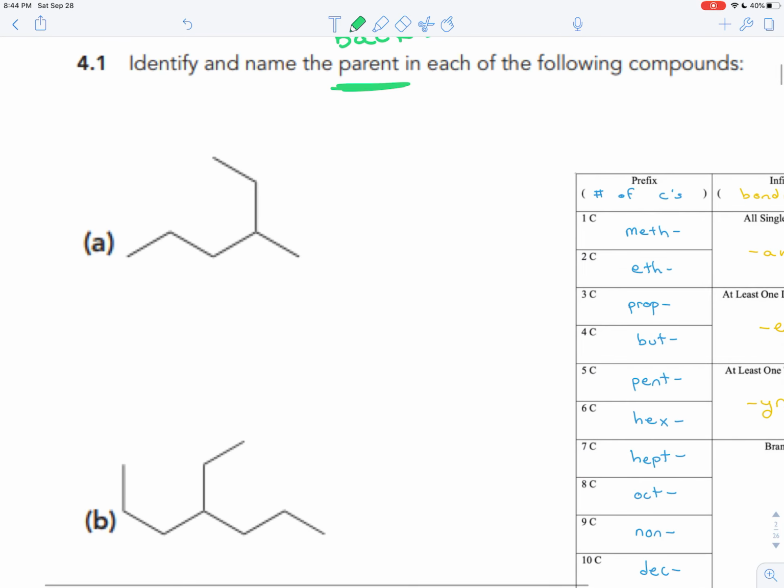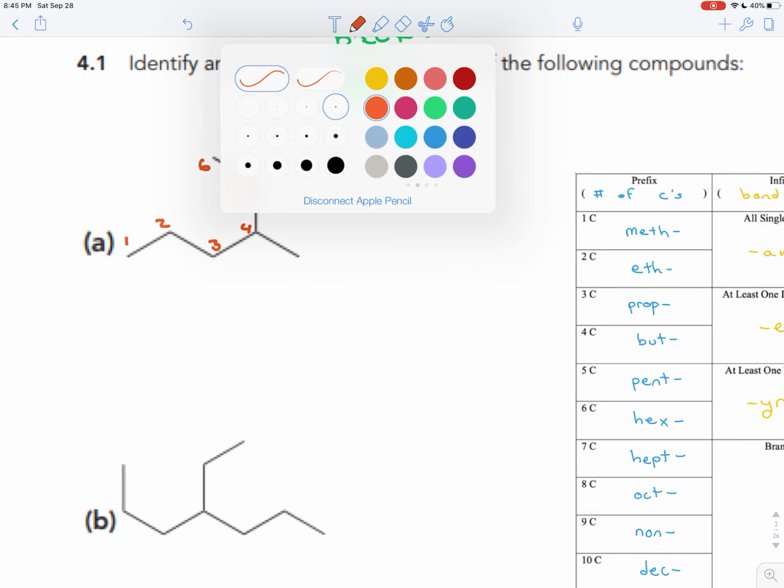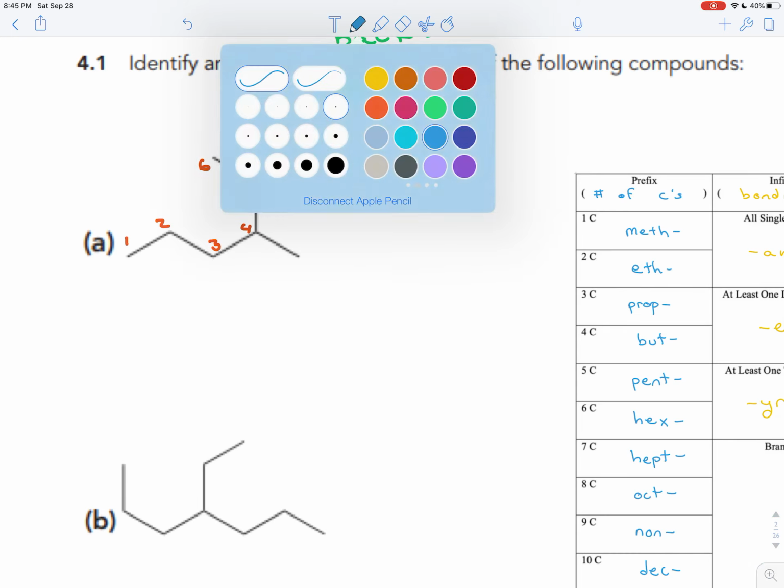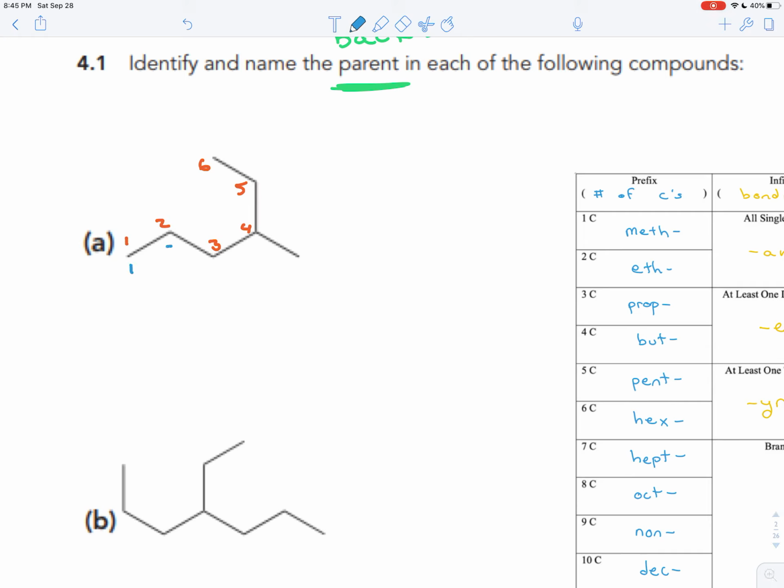So for example, in this first molecule, you could imagine having 1, 2, 3, 4. Now there's a fork in the road. I could go 5, 6. So that's one possible path I can go down in this molecule. Alternatively, I could go 1, 2, 3, 4. Now I'm at the fork in the road, I could go the other way, and it could be 5. I can imagine another path I could go down in this molecule.